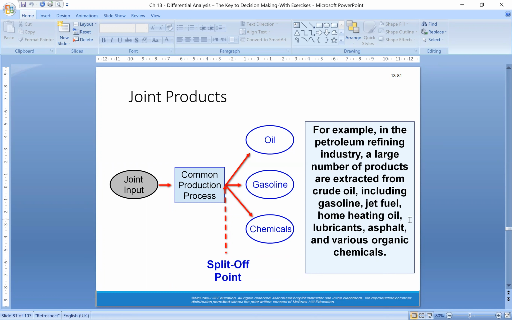If we extract the raw oil, we can sell it as it is, or we can go further to produce the gasoline, the chemicals, or the oil used in some industries, and sell it after production. This is the question.